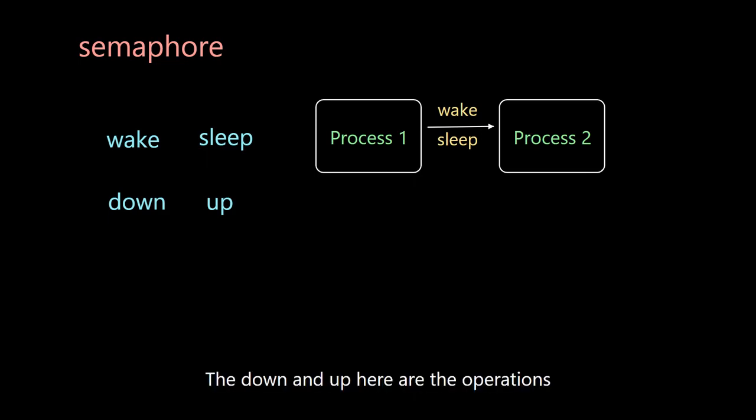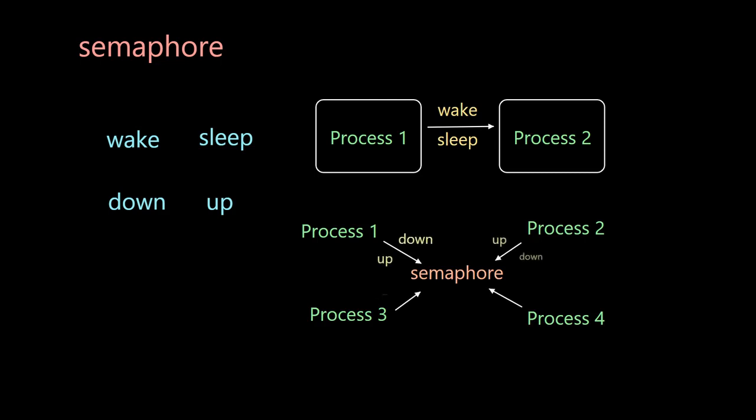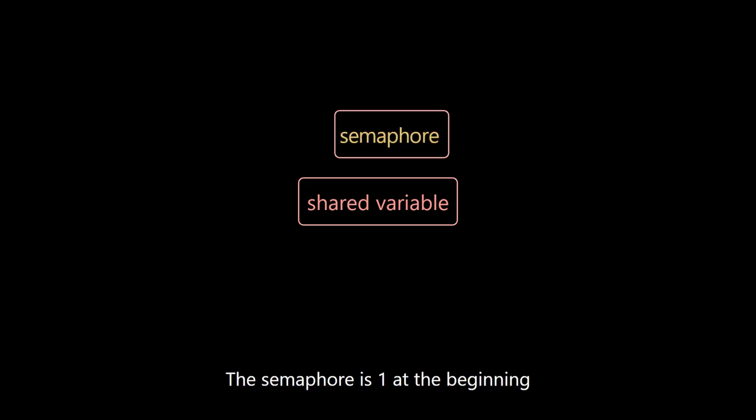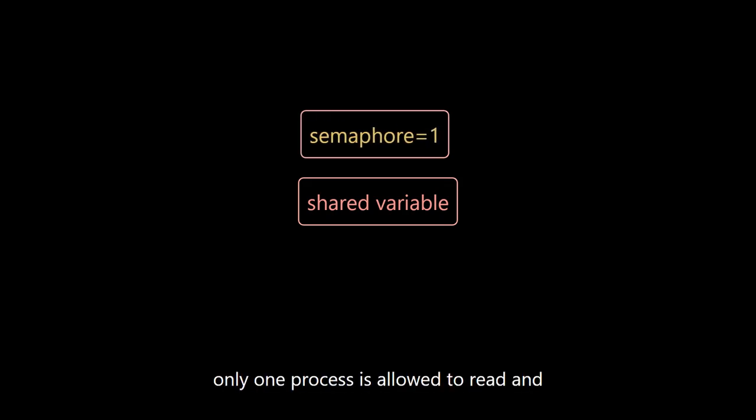The down and up here are operations of the process on the shared semaphore. For example, if there is a shared variable, only mutually exclusive access can be made between processes. In addition, there is a corresponding semaphore. The semaphore is 1 at the beginning, that is, only one process is allowed to read and write at the same time.